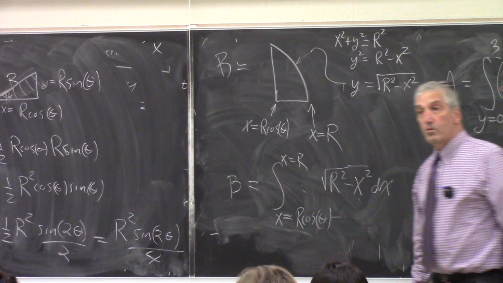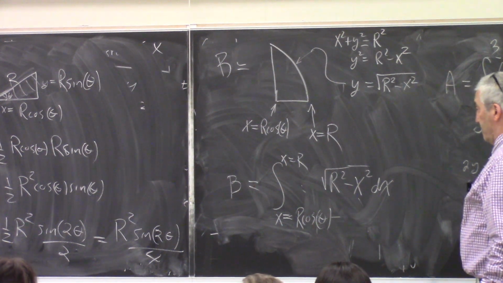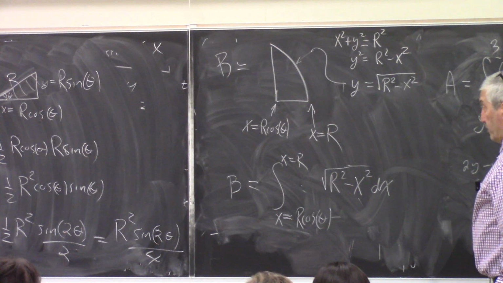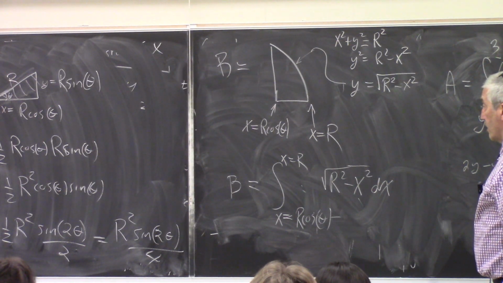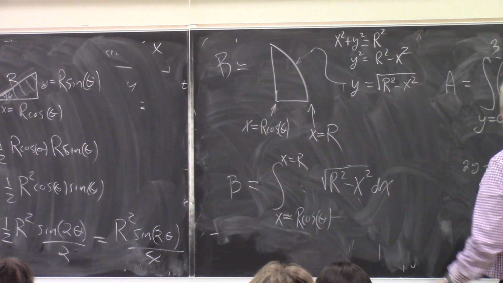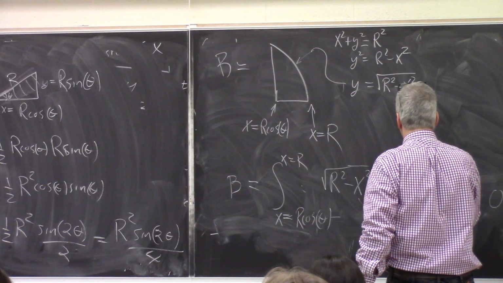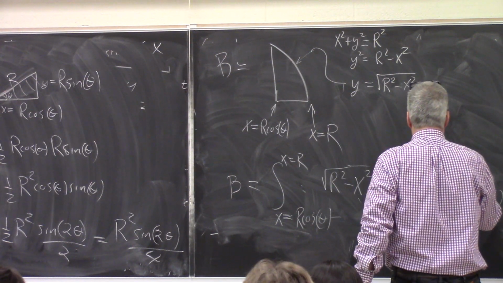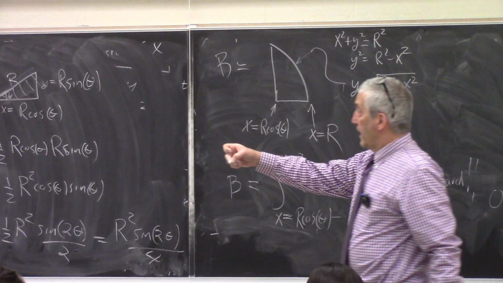Which is something that you can do. I don't want to do it because I would certainly screw it up. But you can do it. I can do it. You'd probably want to do a trig substitution. I don't know. But the thing is, it's hard. But you should get the same answer as over here.